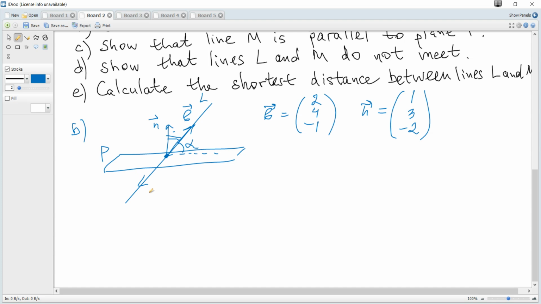So if I would calculate 150, I just say that the acute angle becomes 30. So we can find theta firstly, and then the required alpha will be 90 minus theta.